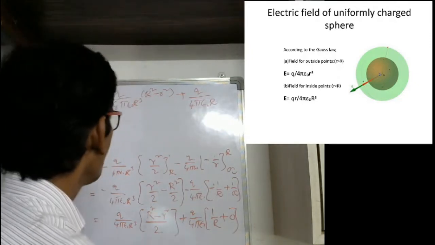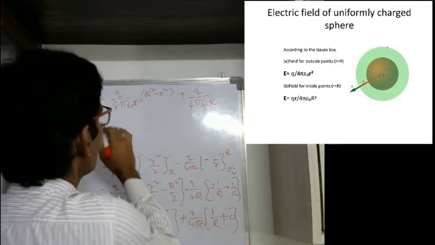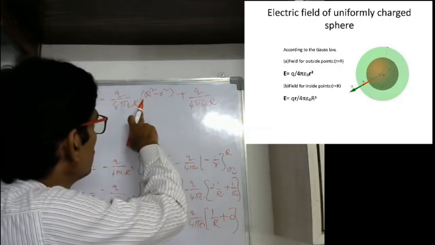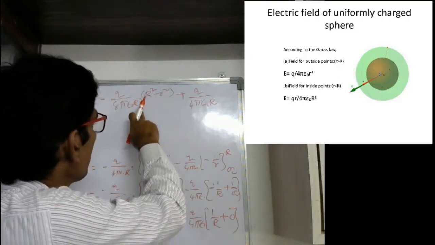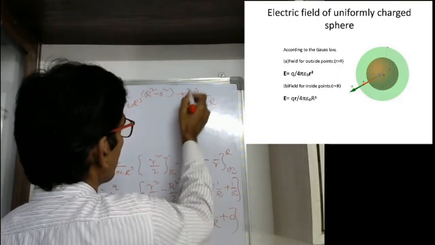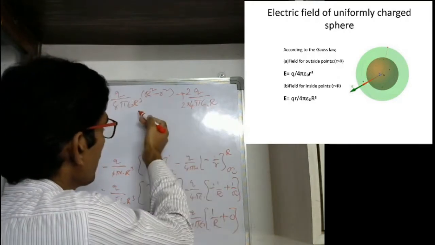Okay, now you take common. Otherwise here you have 8 pi epsilon naught r cube. Here you have 4, that's why you multiply with 2. Here you have r, here you are having r cube.